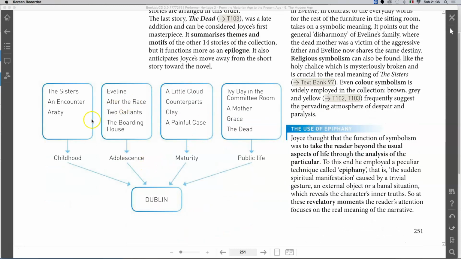And this is the scheme of Dubliners. The main city is Dublin, and the four stages of life, and these are the titles of the stories. And The Dead is the last one, and it belongs to the section public life.